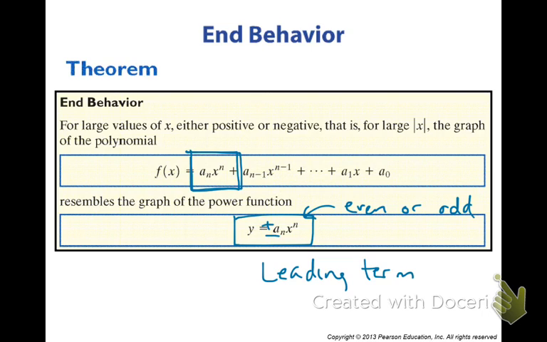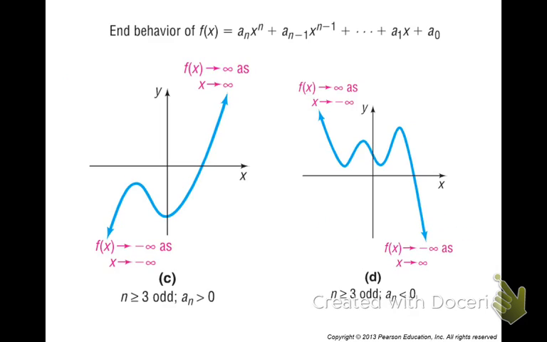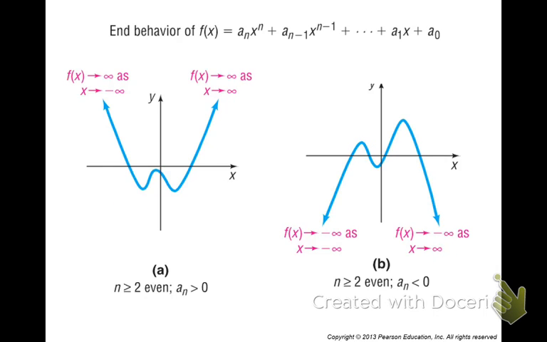Okay, so we're going to start off where our exponent is even, and the slide I'm going to show you shows what happens when your a is positive and when the a is negative. Okay, so let's look. Okay, here it is.